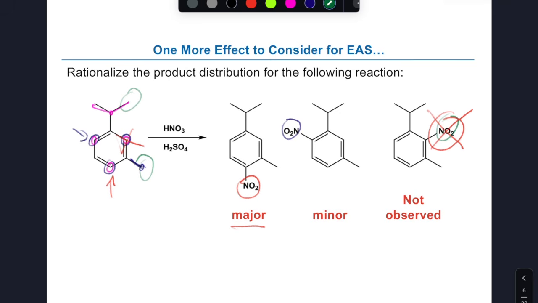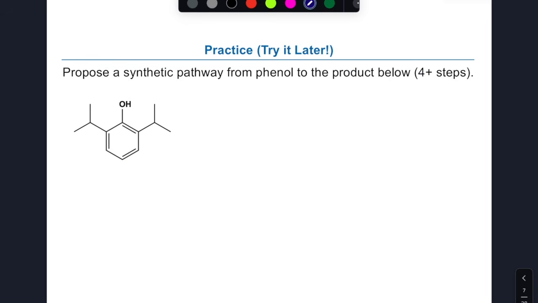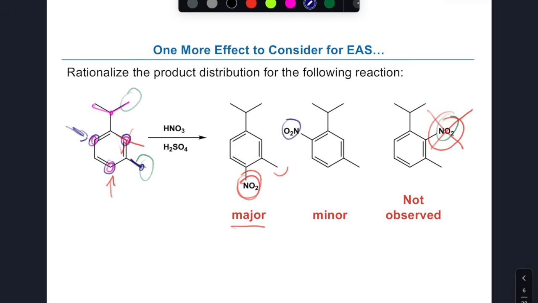Now, if we're going to functionalize the other two positions, this becomes possible just because we're next to a methyl. Compared to the isopropyl group up here, this is significantly more blocked because of the isopropyl group. The steric encumbrance there is larger. So you are seeing some selectivity just based on access to different carbons, in addition to the ortho-para direction.